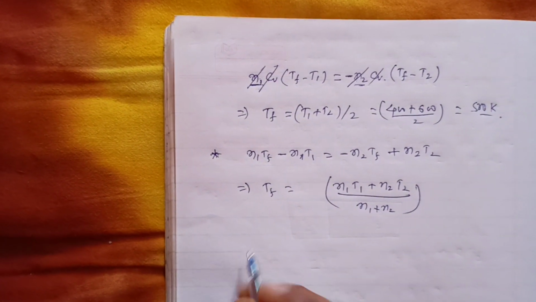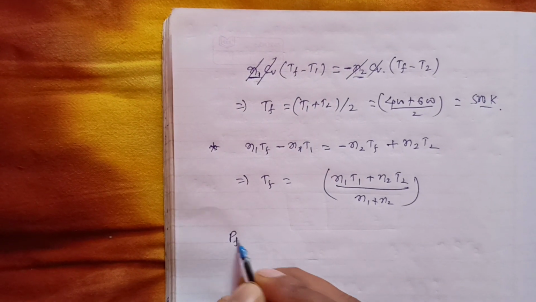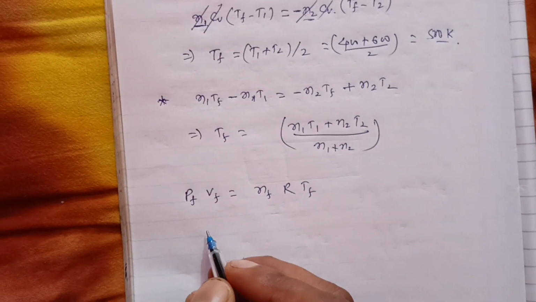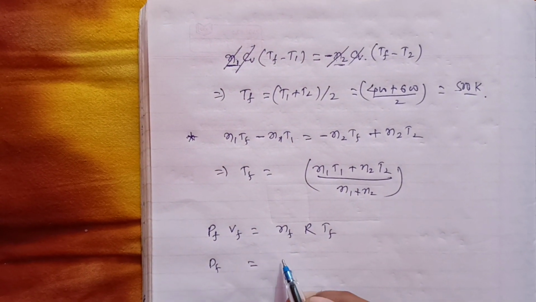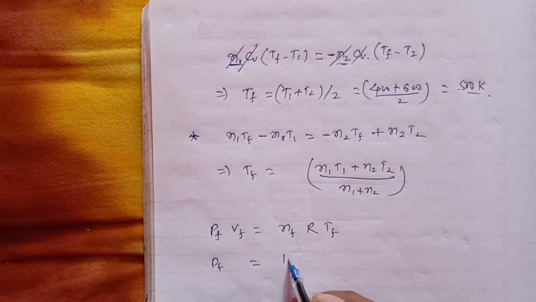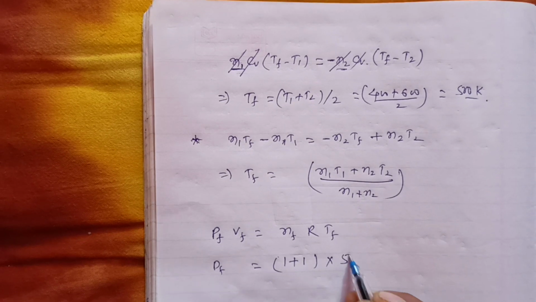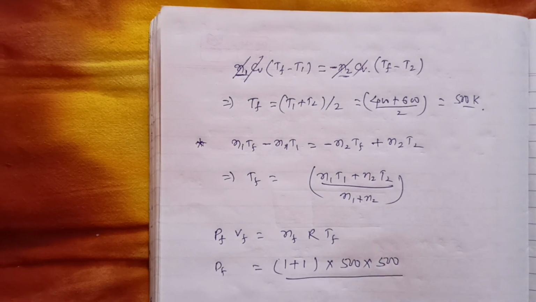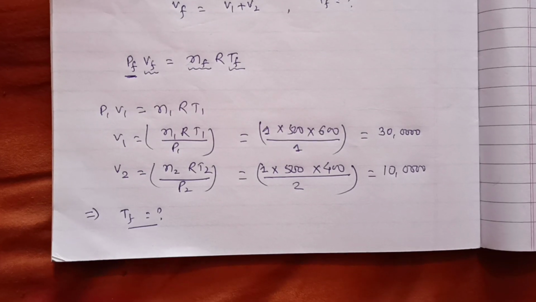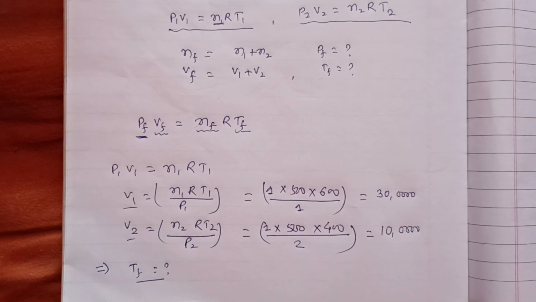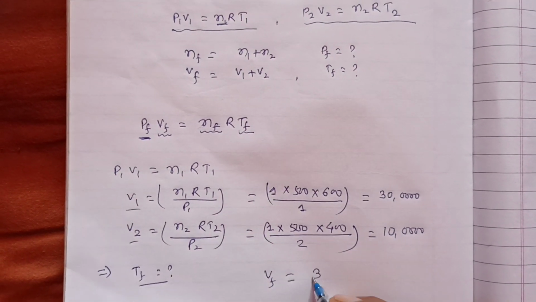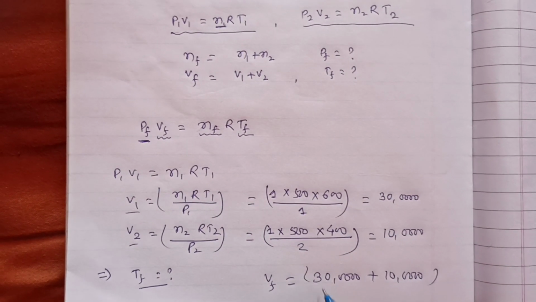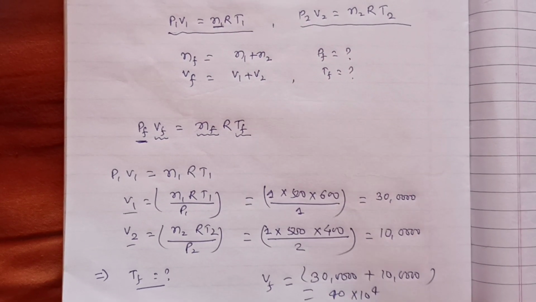So T final now we have, and from the previous equation we know P final into V final equals N final into R into T final. This P final we have to find. N final is N1 plus N2, that means 1 kg plus 1 kg. R is 500. T final is 500. V final we found: V1 and V2 we got, so V final will be equal to 30 plus 10, which is 40 into 10 power 4.